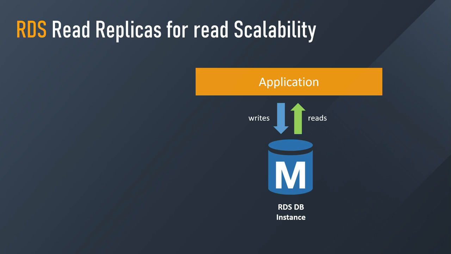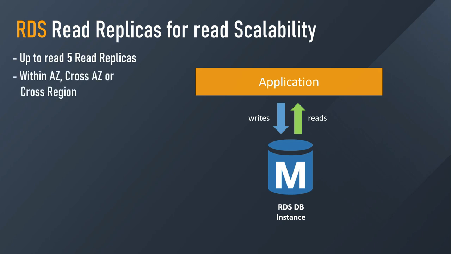But say we want to scale the reads because that main database instance cannot scale enough. It receives too many requests. Well, we can create up to 5 read replicas, and they can be within the same availability zone, cross availability zone or cross region. So 3 different options, and they are very important to remember.